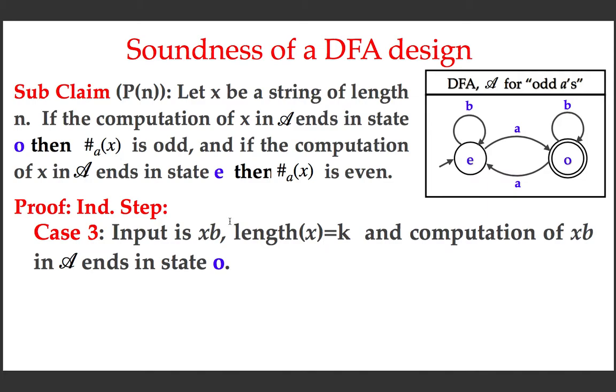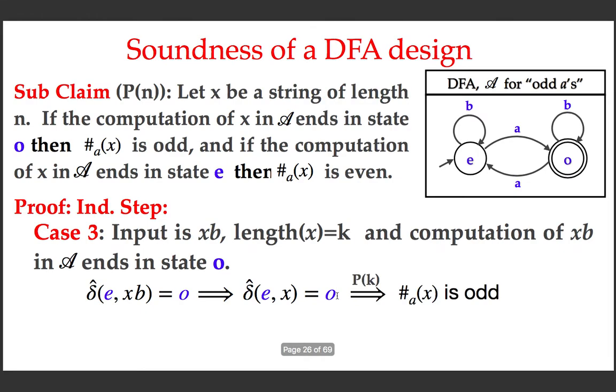Suppose the processing of xb ended in O. Then from the definition of the DFA, you know that the processing of x also ended in O. Why? Because from O, for a b you are taking a self loop. So the previous state was also O.